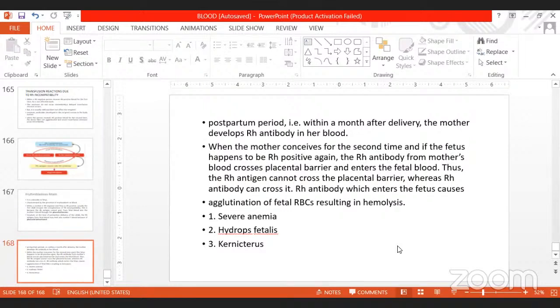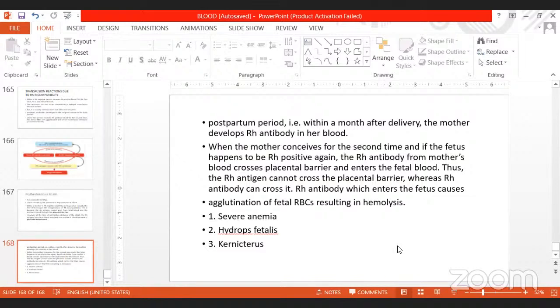So if the mother conceives for the second time, and the fetus happens to be Rh positive again, the Rh antibody from the mother's blood crosses the placental barrier and enters the fetal blood. The Rh antigen cannot cross the placental barrier, whereas the antibody can cross it.